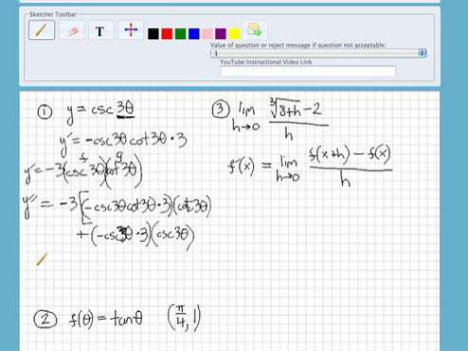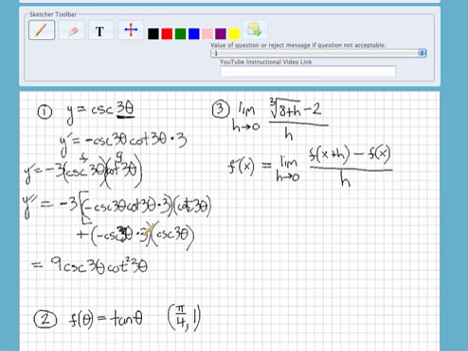All right, so if we clean this up a little bit, what we'll get is, let's see here, that negative 3 is going to distribute into here and here. So we'll have 9 cosecant of 3 theta, and then cotangent squared of 3 theta.